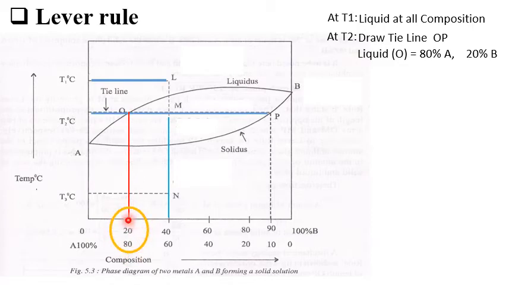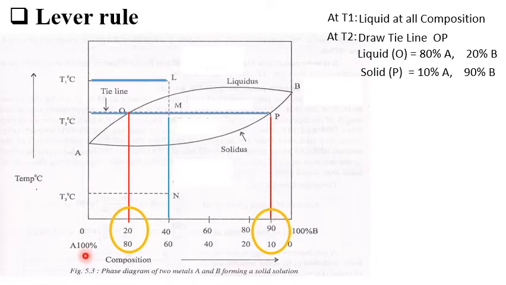Here it is shown as 20 and 80. Similarly, if you want to know the solid composition, drop a vertical line downward from the intersection of the solidus line and you will get 90% A and 10% B.